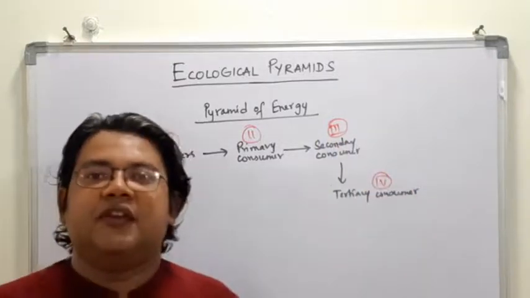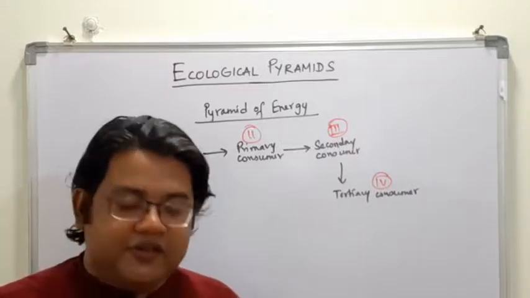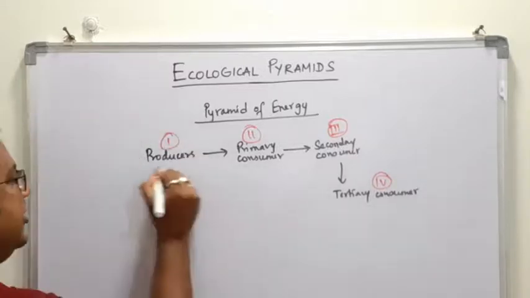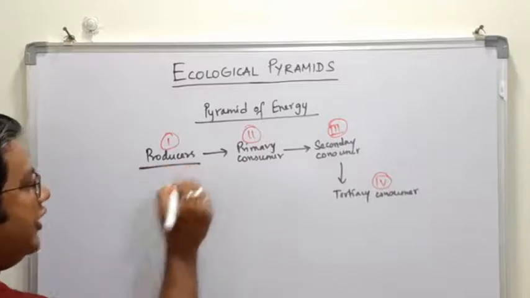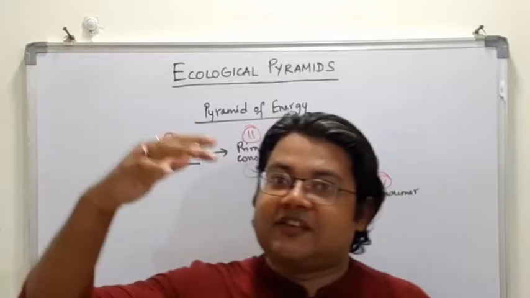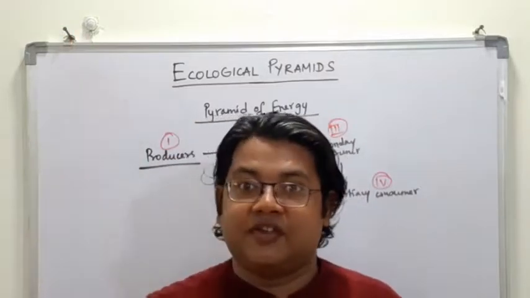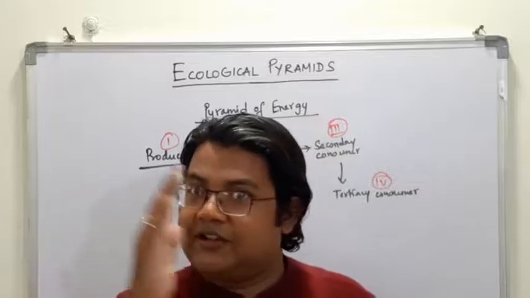At which trophic level do we have the highest amount of energy? Obviously, the highest amount of energy will be at the producer level, because the producer fixes the maximum energy from solar radiation. We talked about this during the energy flow.